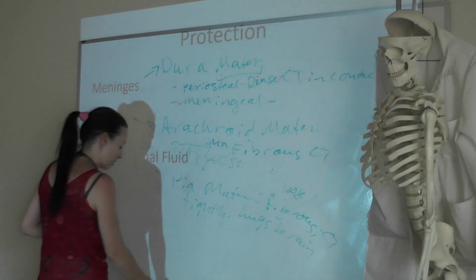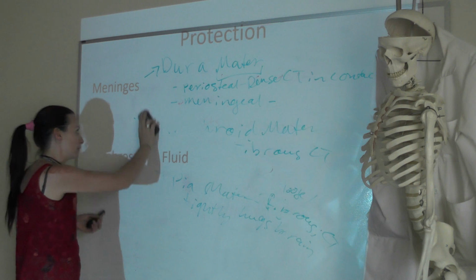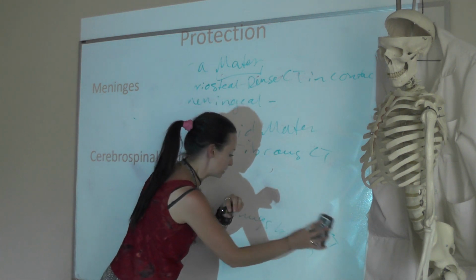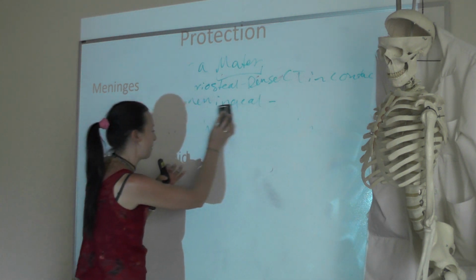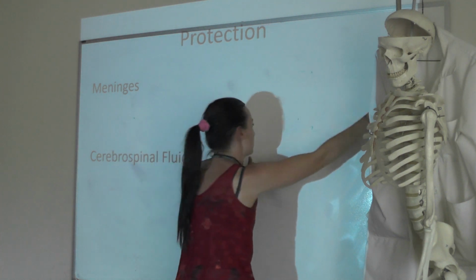Another aspect of protection for the brain is cerebrospinal fluid. How does cerebrospinal fluid protect the brain? Well, it gives it buoyancy, so it protects it from gravity pulling it through your foramen magnum, but it also slows the movement of the brain.